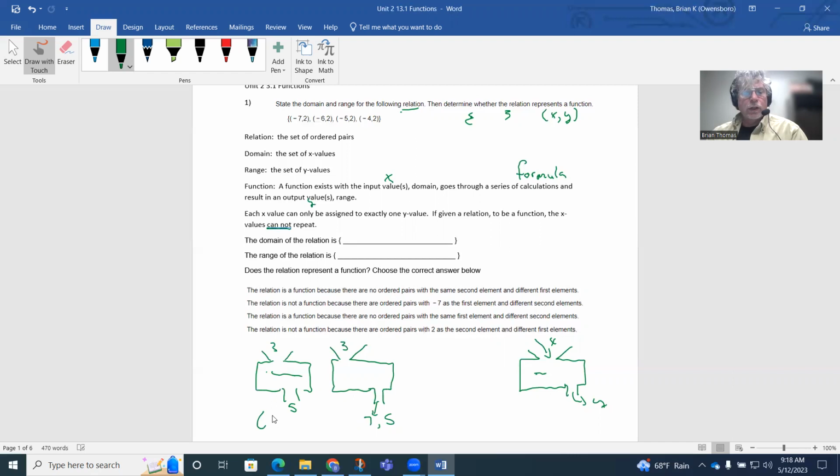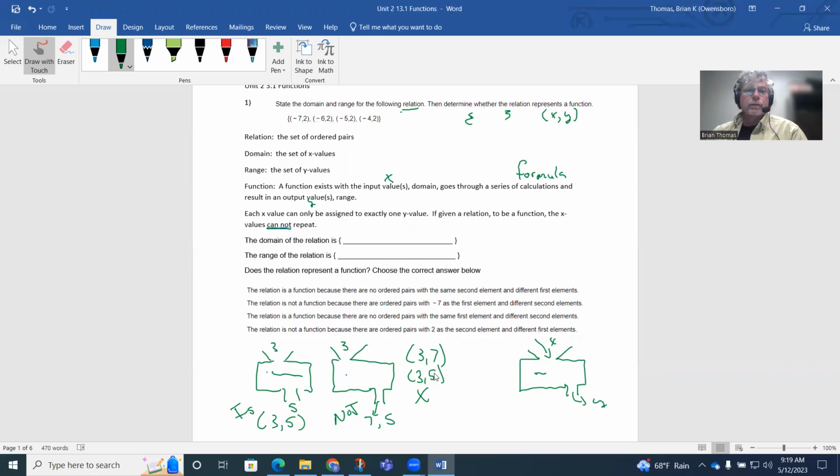Notice how the 3 would be paired with the 5. That's fine. But if the 3 is paired with a 7 and the 3 is also paired with the 5, that cannot happen in a function. So this is not a function. This is what a function does. So if you see an x value assigned to two different y values, that cannot fit the definition of a function.